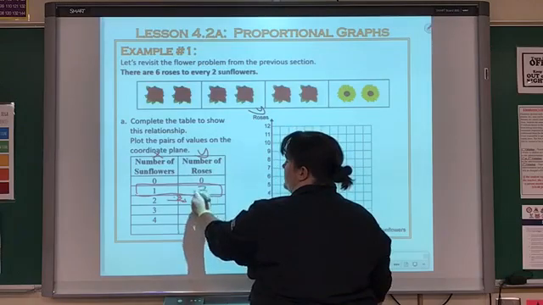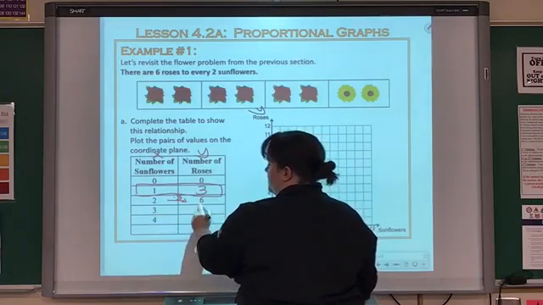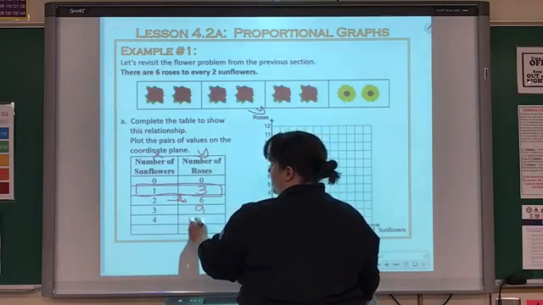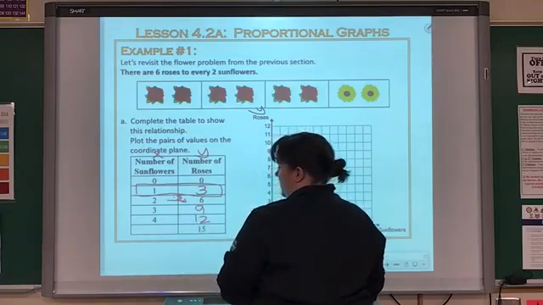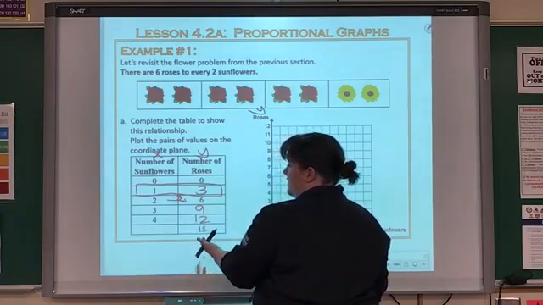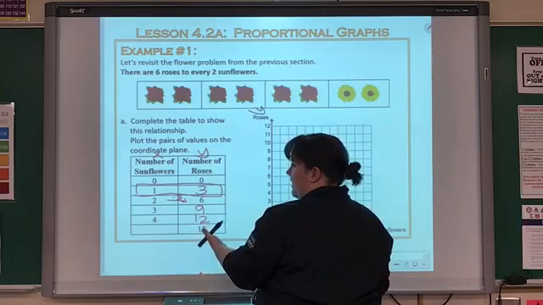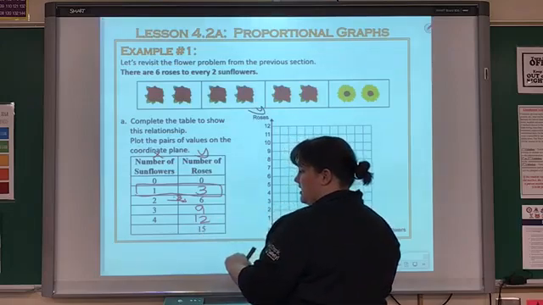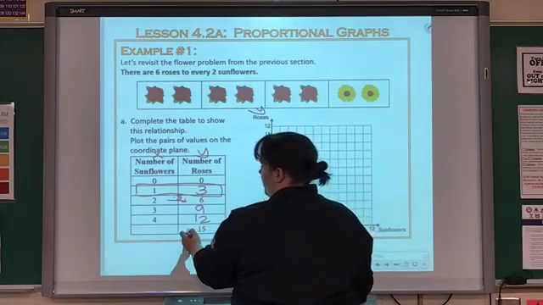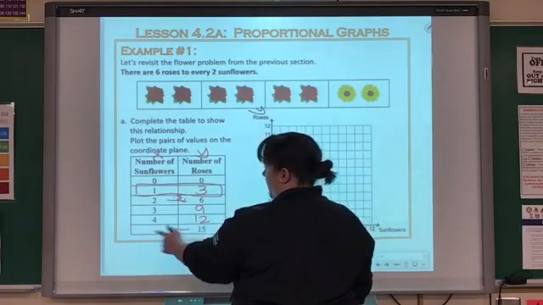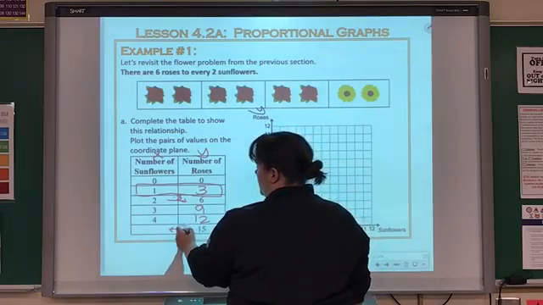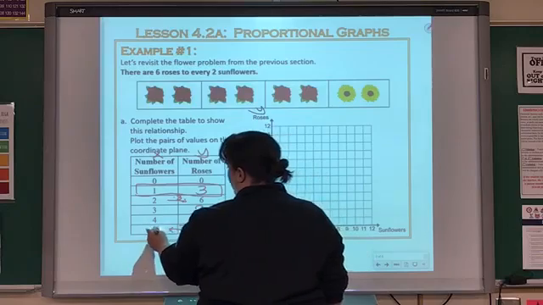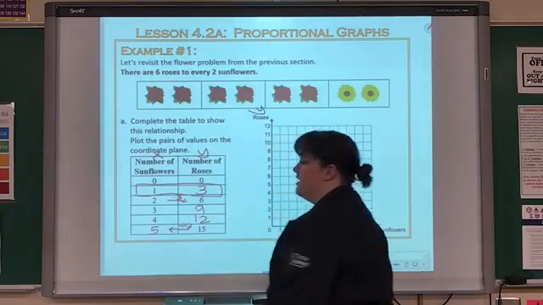So 1 times 3 is 3, 3 times 3 is 9, 4 times 3 is 12, and something times 3 is 15. Some of you might know that off the top of your head, or if you want to go back the other way from y to x, you would just divide by 3, and either way, that would give us 5.